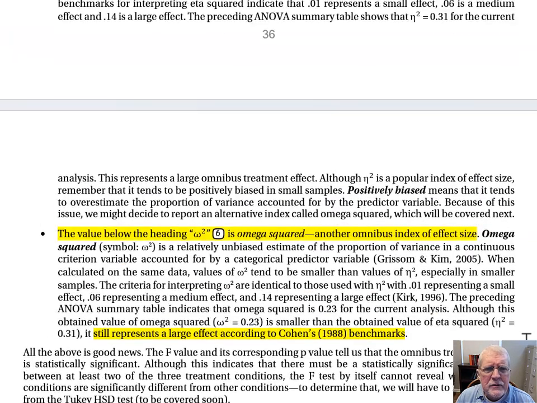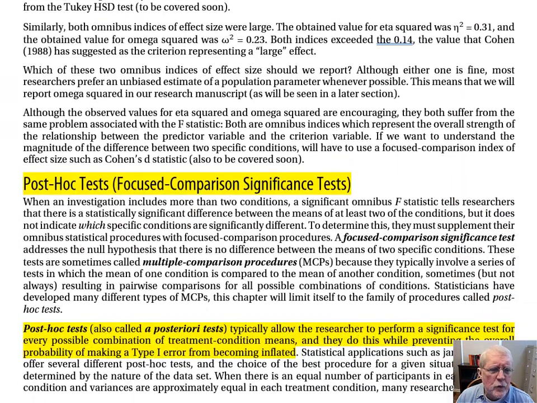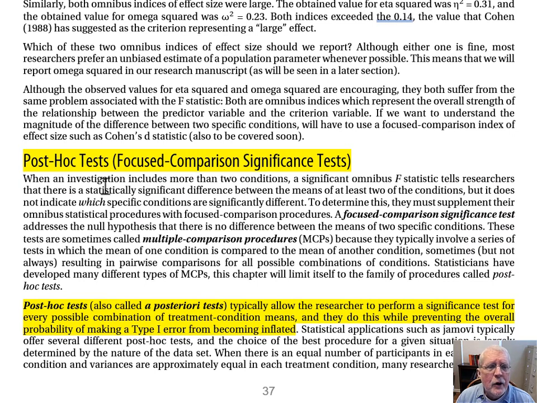Let's continue. I'm still on page 37, toward the bottom, where we come to post-hoc tests, also known as focused comparison significance tests. Post-hoc tests, also called a posteriori tests, typically allow a researcher to perform a significance test for every possible combination of treatment condition means.